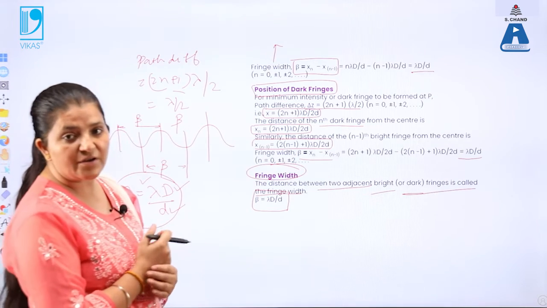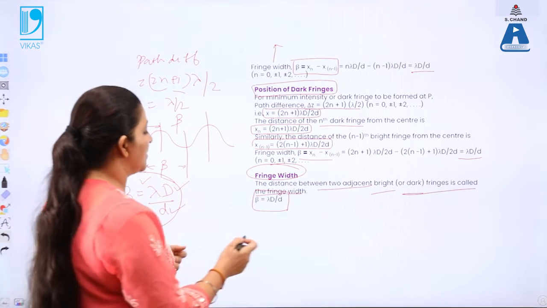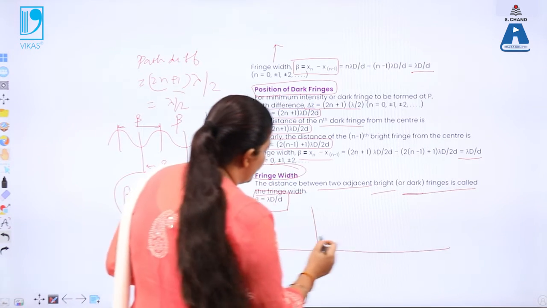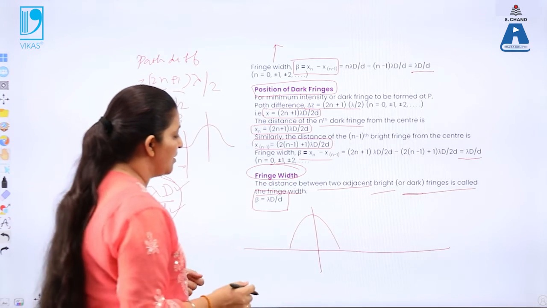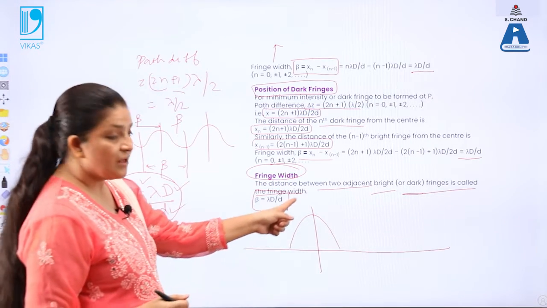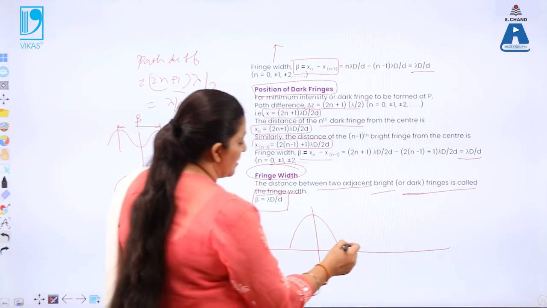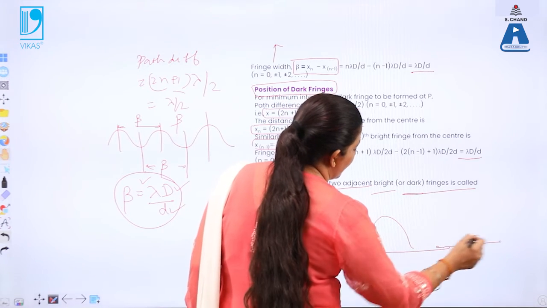What kind of interference pattern is obtained in Young's double slit experiment? This is the condition for the central maxima. At the center a maximum is obtained, meaning constructive interference takes place. Again this is the position of the first maxima, then the secondary maxima.